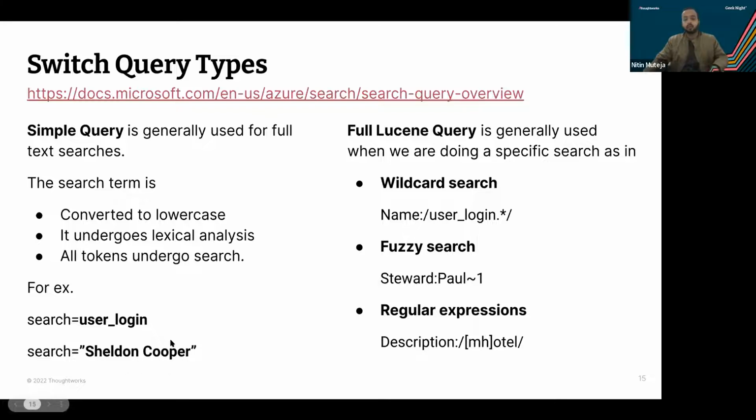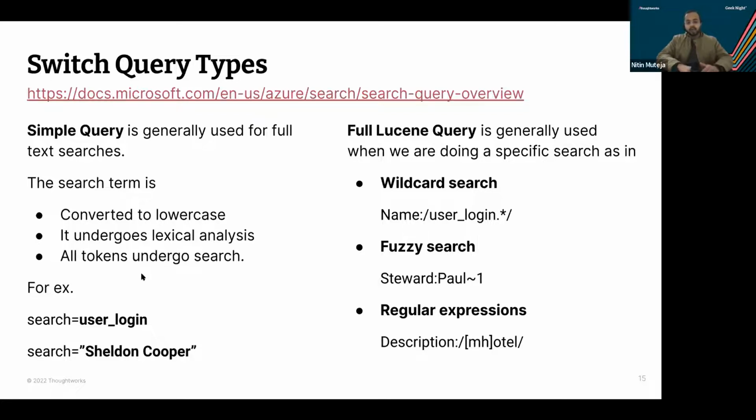It will not search for individual tokens in the index. So simple queries are basically useful for scenarios where you want to do full text searches, right? You don't have to look for specific data exactly. For those kinds of scenarios, a simple query is just sufficient.